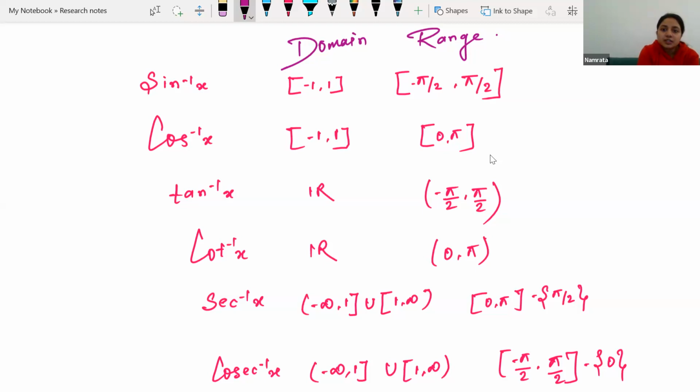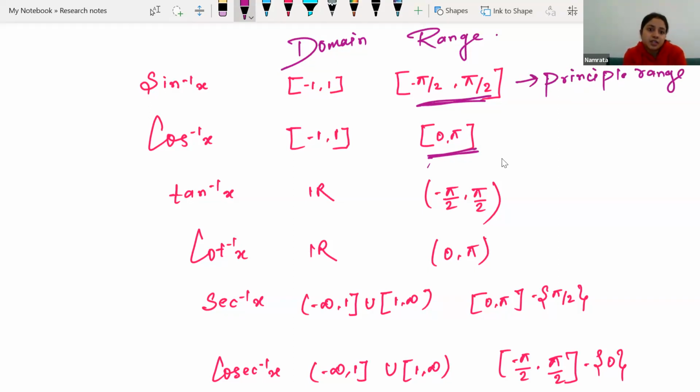That's why these ranges are defined, so that in this range it behaves like a function. Apart from this there are other ranges in which the inverse trigonometric function behaves like a function, but this is the principal range which we have to take into consideration.